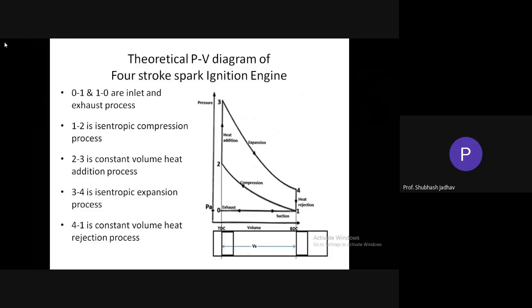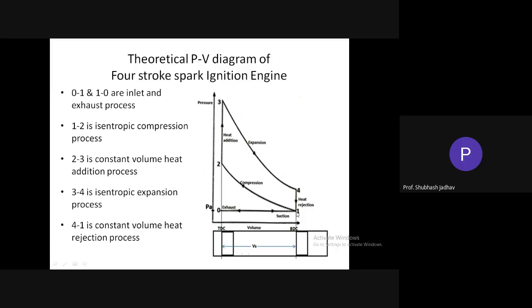Okay, so 0 to 1 was your suction stroke. During the suction stroke, we have one line, the 0 to 1 line, which is a horizontal line. Why is it horizontal? Horizontal indicates that the pressure is not going to change, correct? The pressure always remains atmospheric, and the piston reaches BDC.